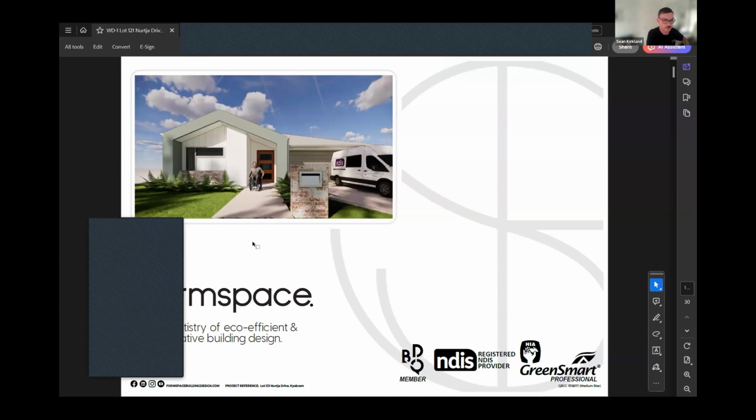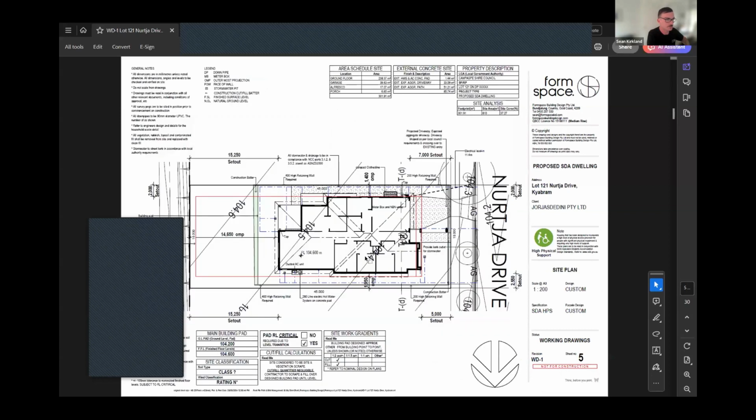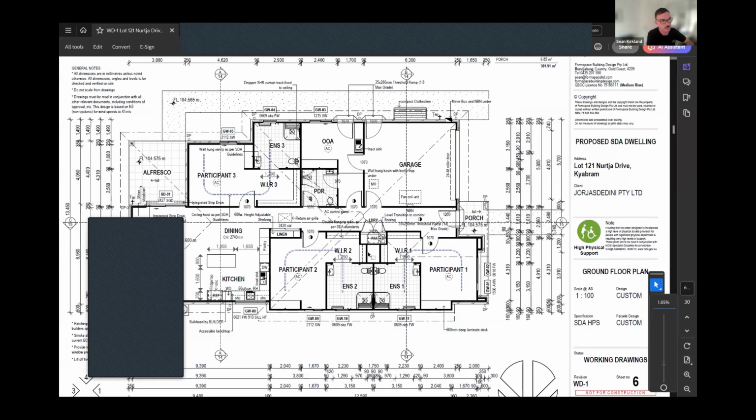We'll also talk into some of the buildability aspects that can really impact build costs and some roadblocks down the track, if not accounted for early on in the design. So this one's a 3-bedroom group home model in Victoria.